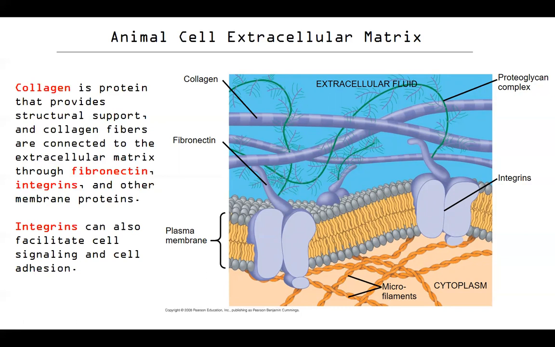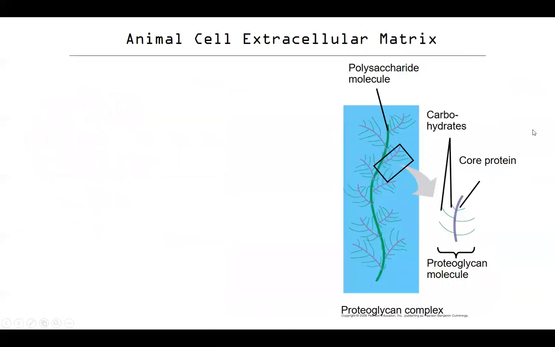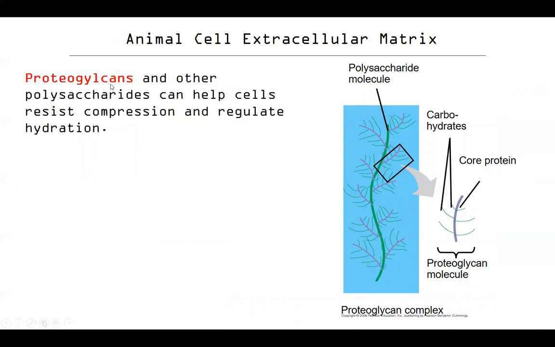So let's look next at the proteoglycans. You can see just from this image that they're very complex, but let's get in there and see what they're made of. Proteoglycans, as the name suggests, if you think of the proteo part as being for proteins, and glycans, this is going to be polysaccharides, a carbohydrate, it's a protein-carbohydrate combined molecule.